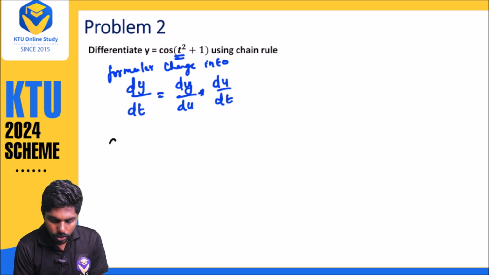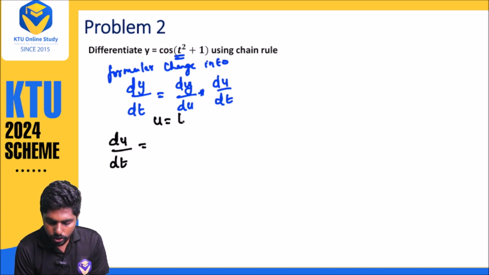So what is the thing? du/dt is equal to, what will you get? u is equal to t square plus 1. When you differentiate, it becomes 2 into t power 2 minus 1. So what is the formula? x power n differentiates to n into x power n minus 1. In place of x is t, so we write t power n differentiates to n into t power n minus 1. What is n here? n equal to 2.